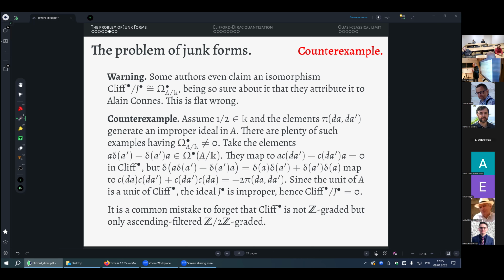So it corresponds to the Euclidean quadratic form. But of course, this algebra has a non-trivial module of differential forms and even all this commutative differential calculus.